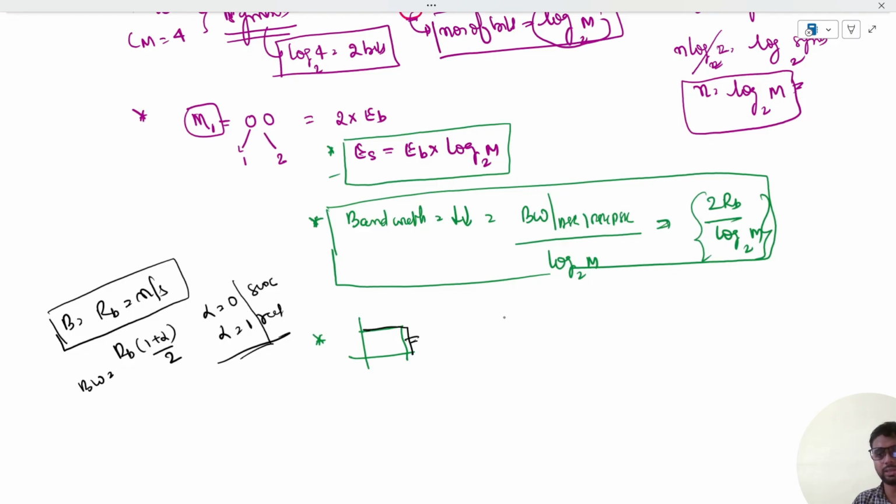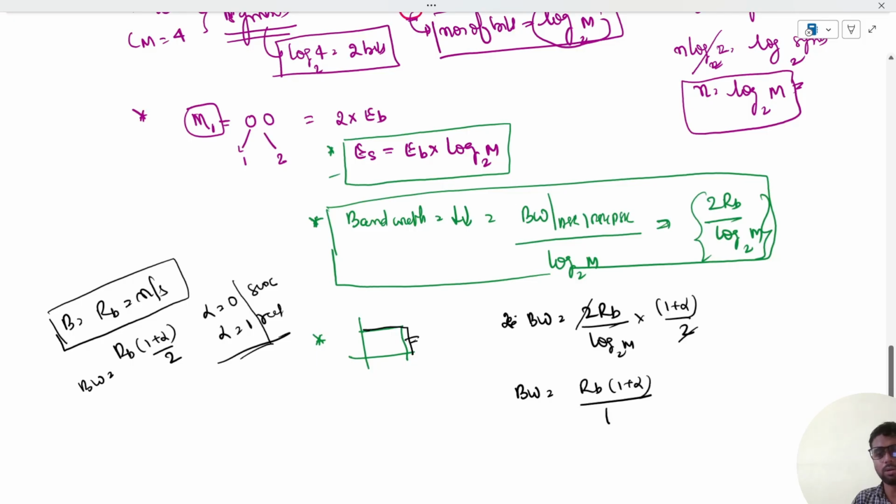In the same fashion, if we are assuming the rectangular pulse, that is okay. But if you are using the raised cosine pulse, this bandwidth 2 RB by log base 2m will be multiplied by a factor 1 plus alpha by 2. So this 2 and 2 will cancel out, and the bandwidth will now become RB into 1 plus alpha upon log base 2m.